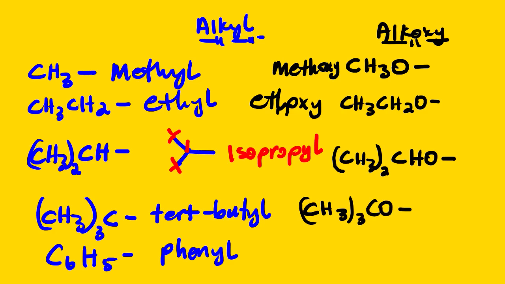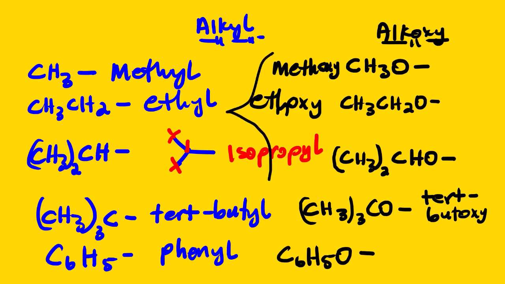So you can see that we simply add our oxygen to the substituent. And then for phenyl, we are going to have phenoxy, which is C6H5O. So you can see that these substituents are the ones that make a compound to be an ether. Now let us get to the ethers.